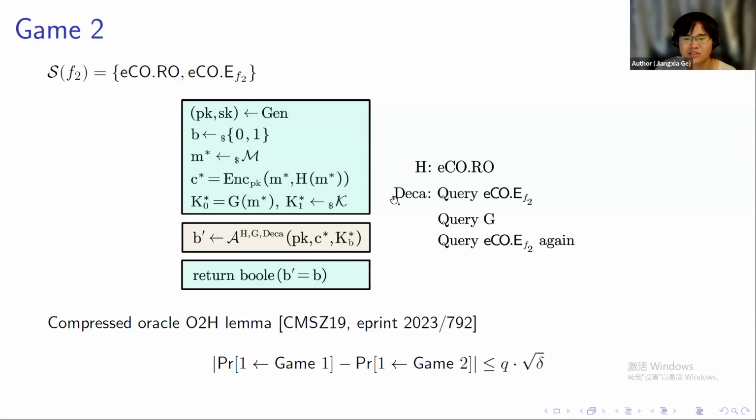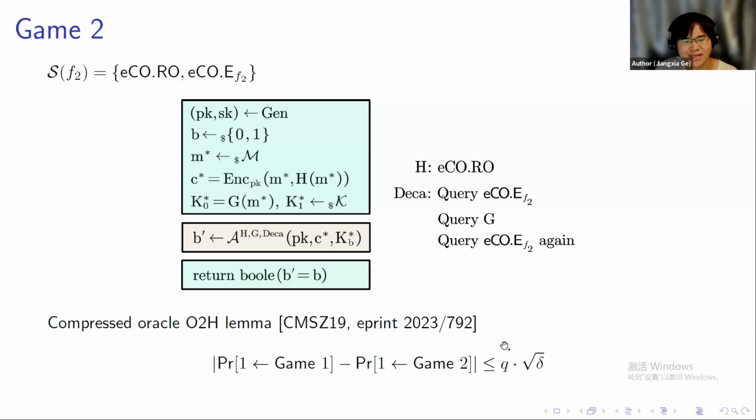So the simulation of the decapsulation oracle in game 2 no longer requires the secret key SK. In our work, by using the compressed oracle O2H lemma, we bound the difference between these two probabilities by Q times the square root of delta, where delta is the correctness error of the underlying PKE scheme.